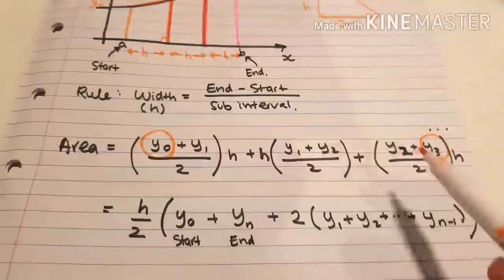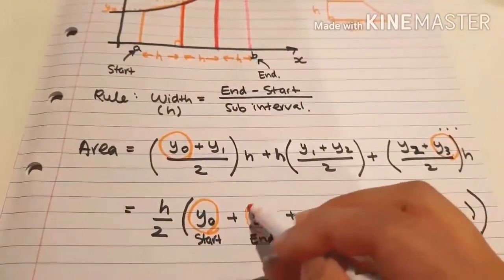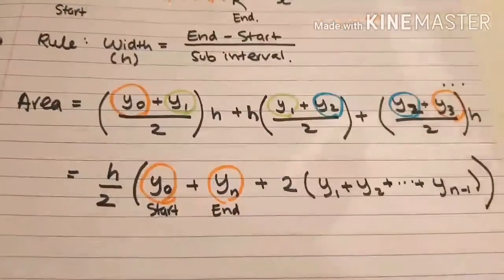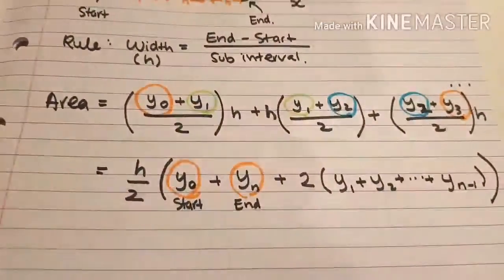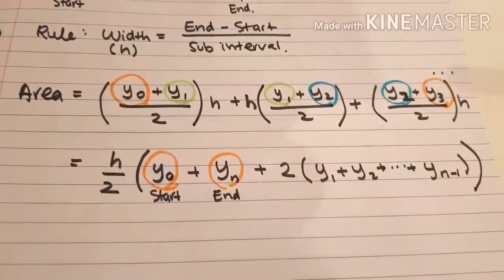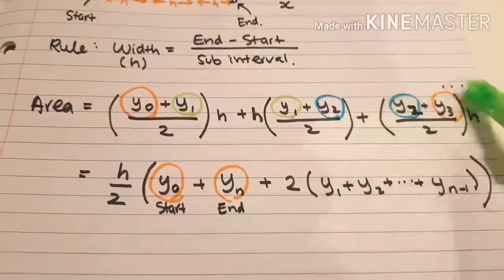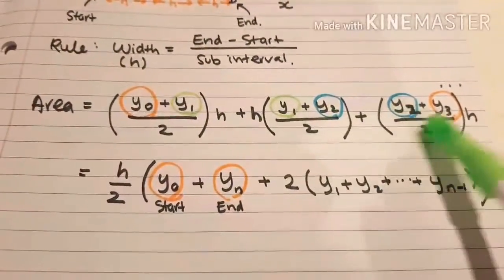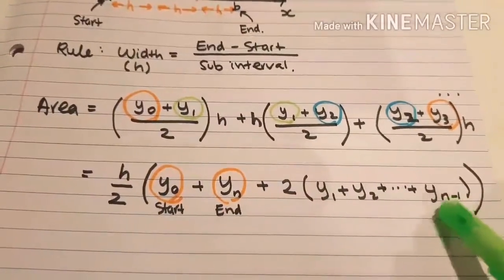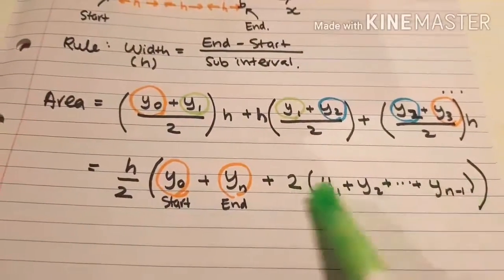Then y0 and yn, the last one, remain only once, whereas the values in between, y1, y2, y3, all the way up to yn minus 1, which is the one before the last, I've got 2 of each.